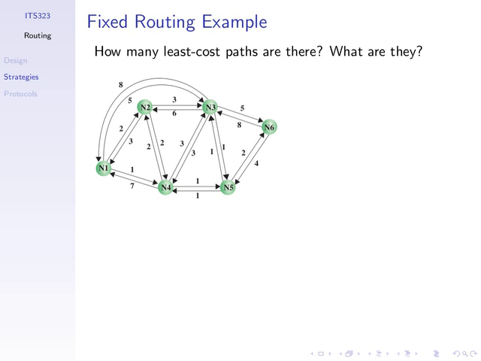Node 6 to node 1. Again, you just need to inspect this simple network. 6 to 1, which of these gives the best path? This one's 4 plus 1 plus 7 is 12. Can we get better? 8 plus 6, 8 plus 3 plus 1.